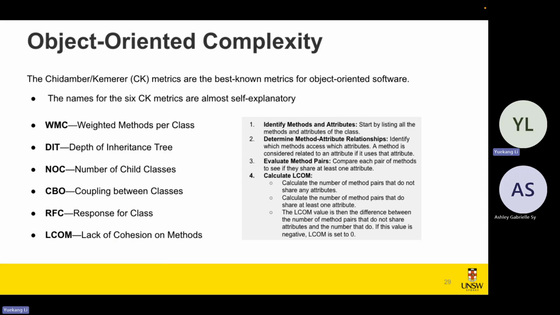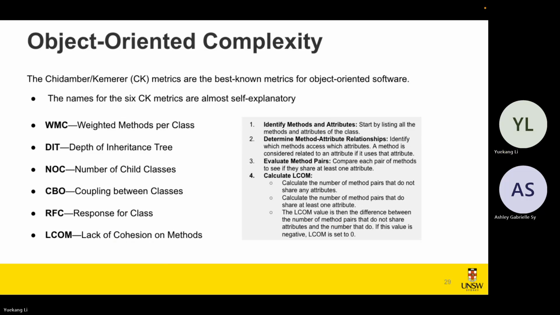Because we just subtract one value from another, this could sometimes give us a negative value. If we get a negative number, we just set the value to 0. So this is the calculation of LCOM.